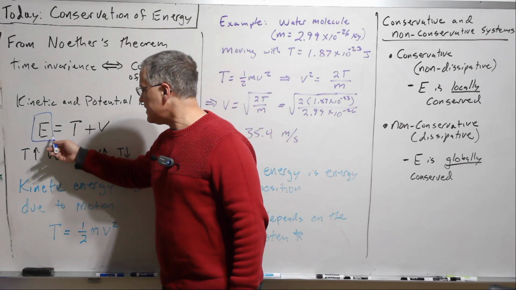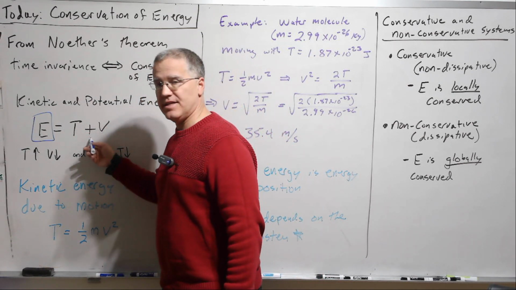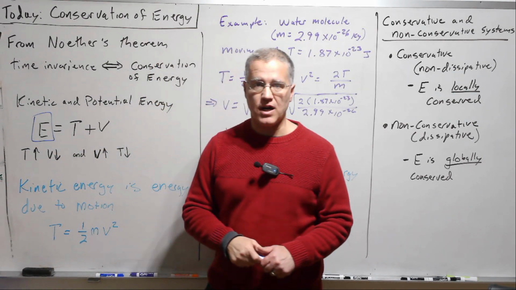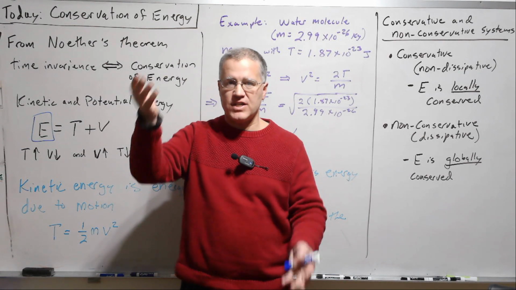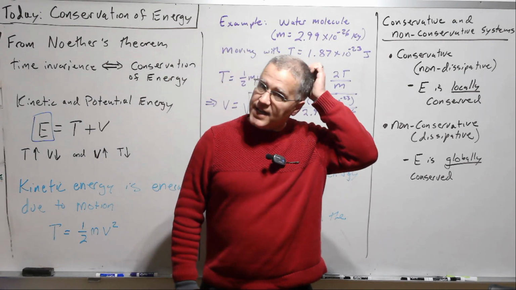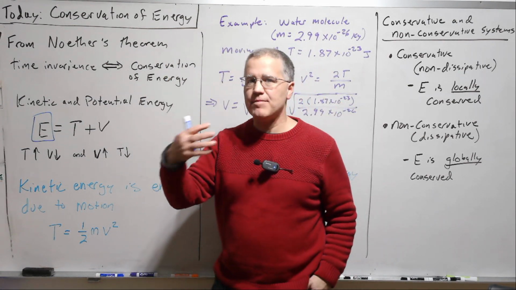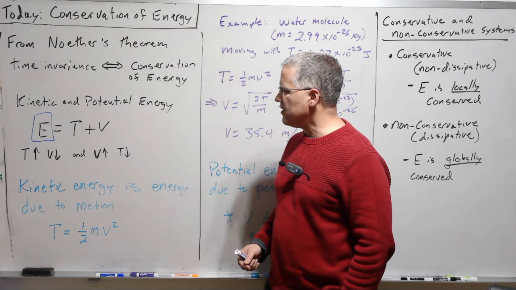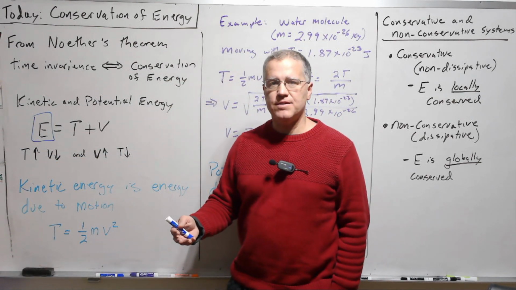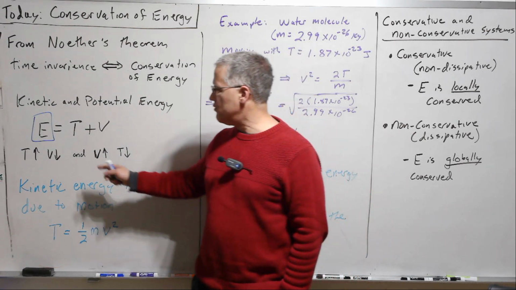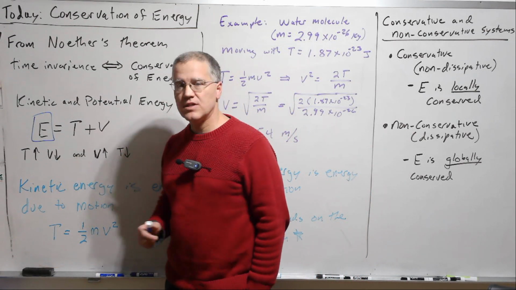Now, because these are added and they're equal to a constant, if one goes down, the other has to go up, and vice versa. So at any given time during the dynamics of some kind of system, kinetic energy and potential energy have their values, and those values must sum to the total.